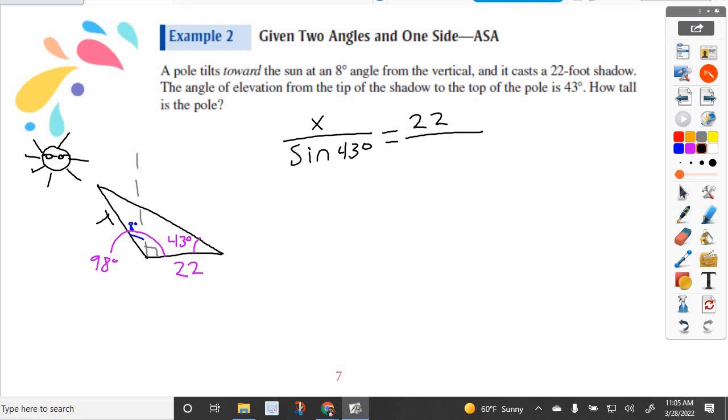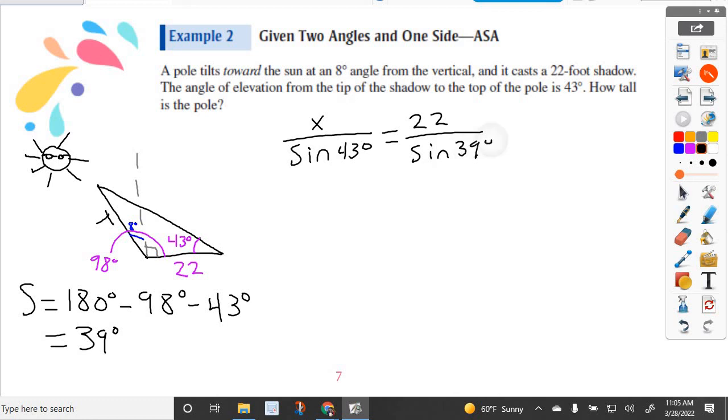So that would be the angle that's up by my sun. So how do I find that? 180 minus 98 minus 43. So what do we get? 39 degrees.